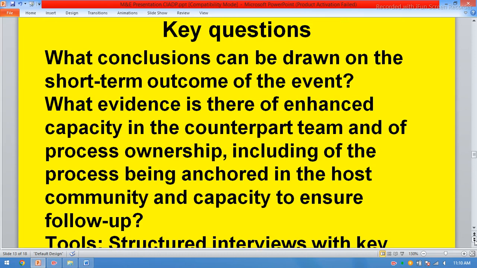Key questions can be: what conclusion can be drawn on the short-term outcome of the event? What evidence is there of enhanced capacity in the counterpart team and of process ownership, including of the process being nurtured in the host community and capacity to ensure follow-up?